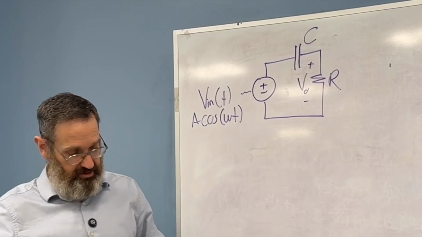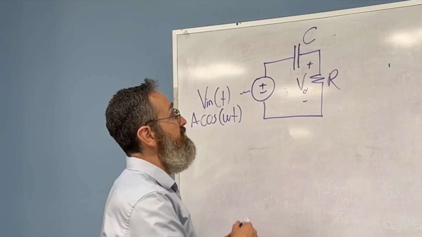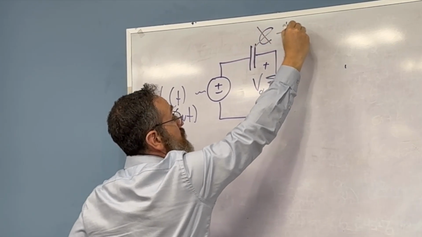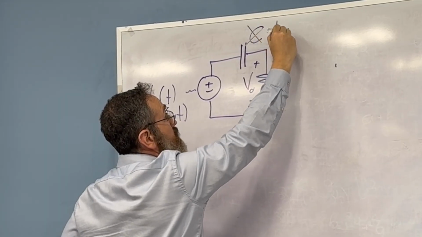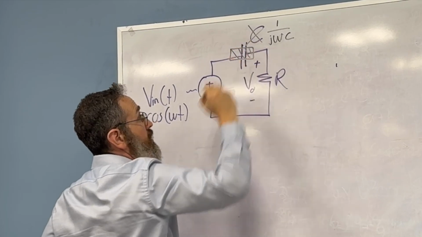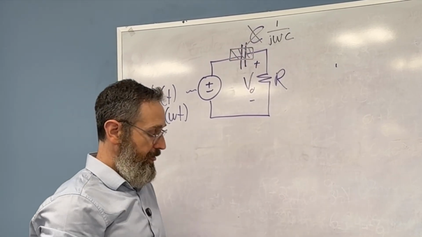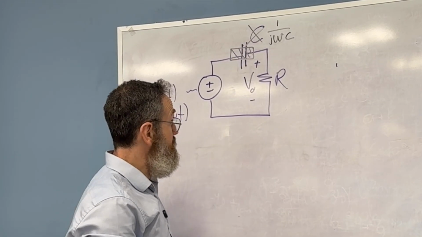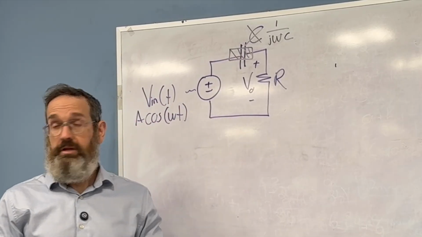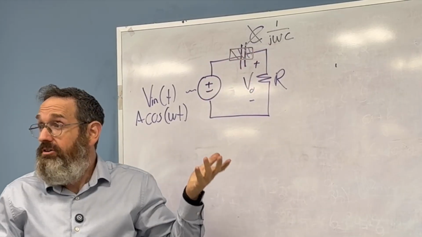The first rule says that wherever you see a capacitor, cross it out and replace it with 1 over JWC, and you can think of this as now a resistor. The second rule says to now pretend that this is a resistor with this value.